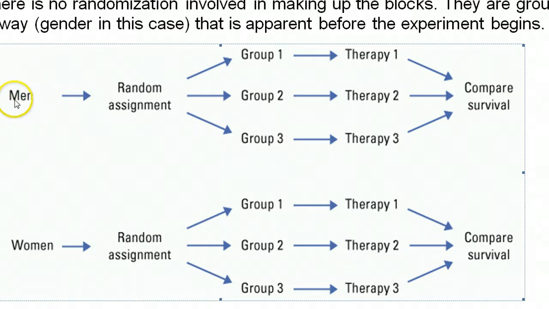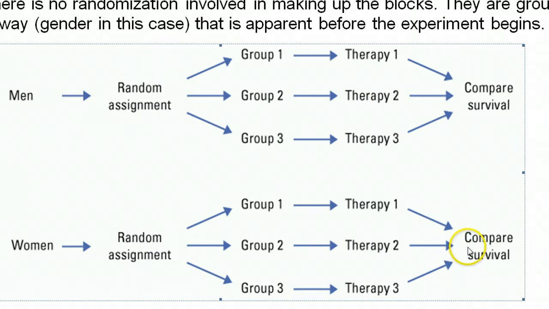So you would make one block of men, for example, and then run your experiment, randomly separate your men into groups, randomly assign the therapies to those groups, and then compare how your treatments affected the men, and then do the same thing with the women and see how your treatment affected the women's results.